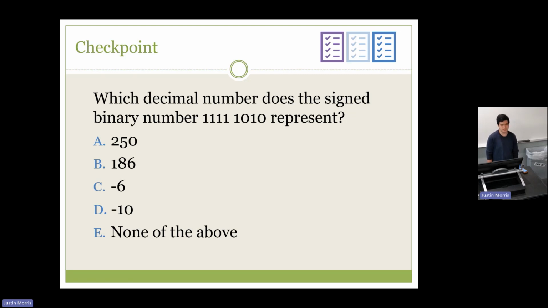So I think you guys are discussing. I see that a lot of you have changed your answer. Right, so. It is signed now, right? So most significant bit is 1, so we can immediately know that it's negative. So it can't be A, it can't be B, right?